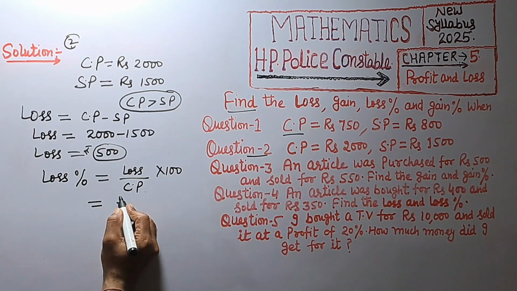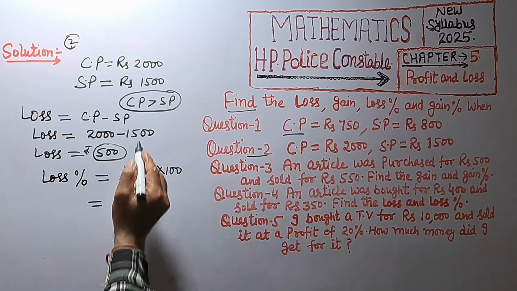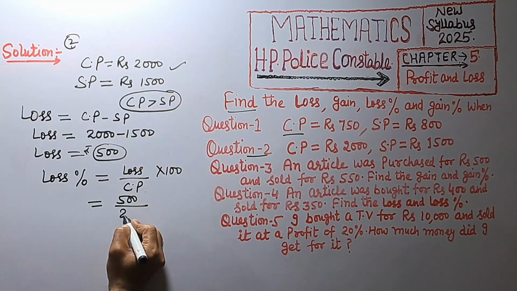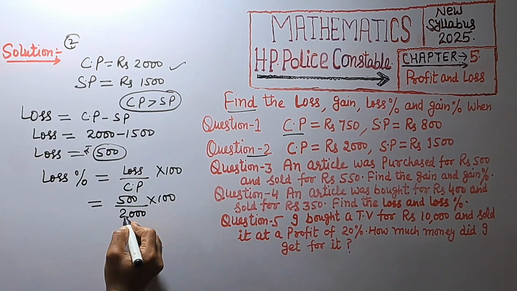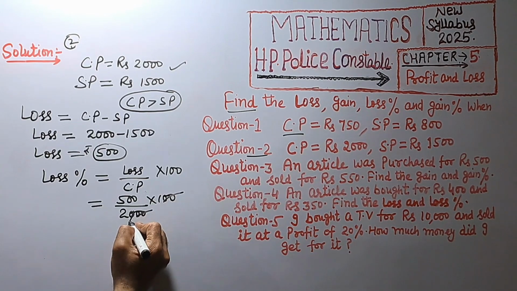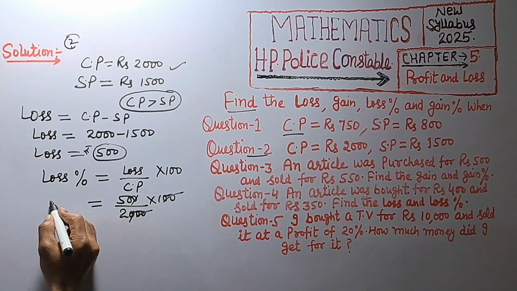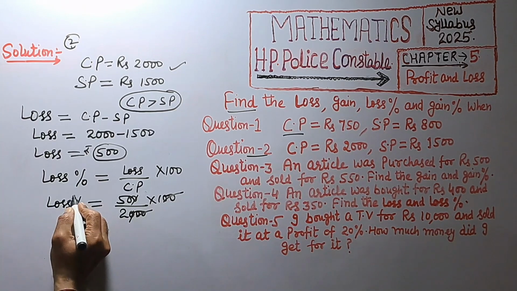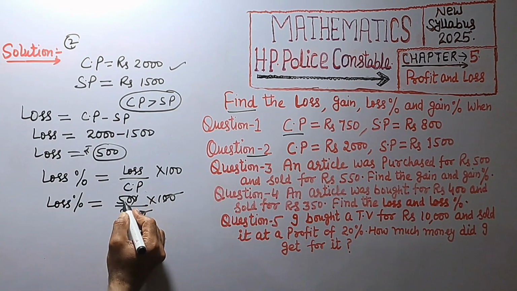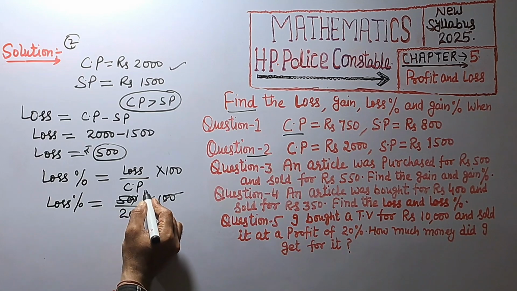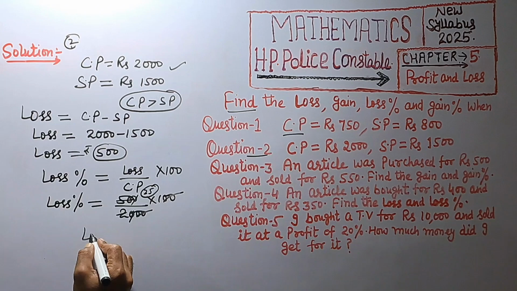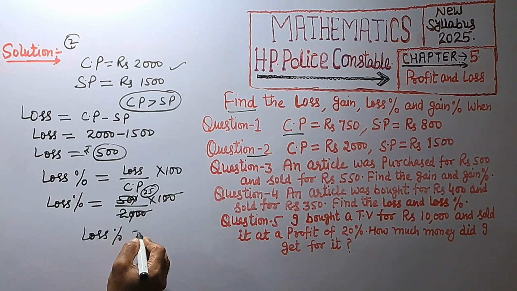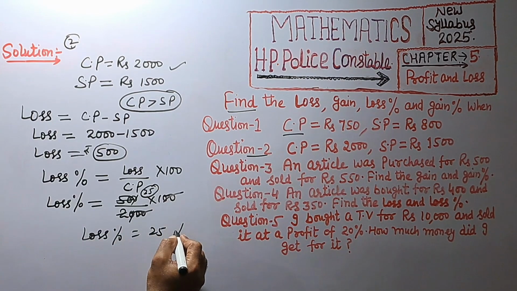That is equal to 500 upon cost price 2000 multiplied by 100. 20 cancel, 10 cancel, and loss percent is 50 divided by 2, 25. 25 2s are 50. So loss percent is equal to 25%. Answer.